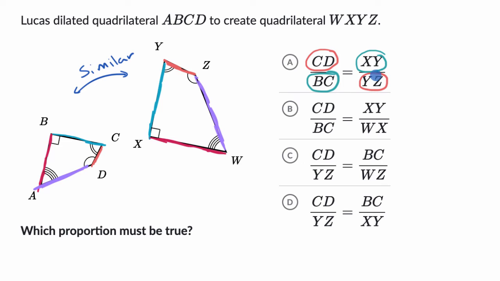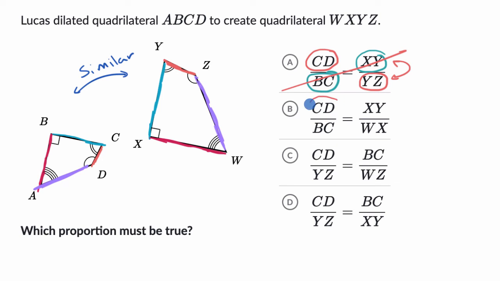Well, this one isn't feeling right. In order for this to be true, you would have to flip one of these ratios. Because once again, my pink one to blue one on this quadrilateral should be the same as pink to blue on the other quadrilateral, not blue to pink, is one way to think about it. So let's rule out that one.